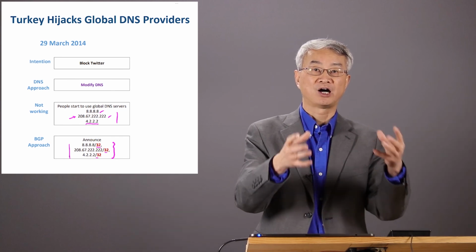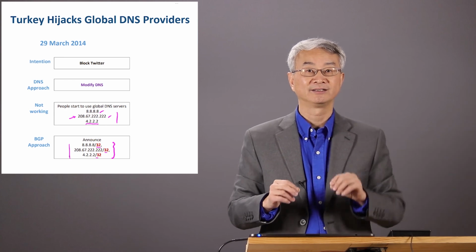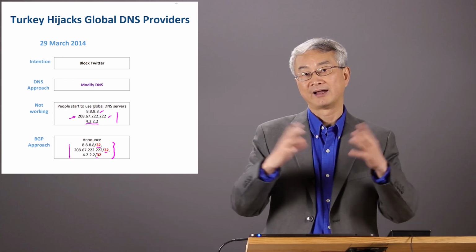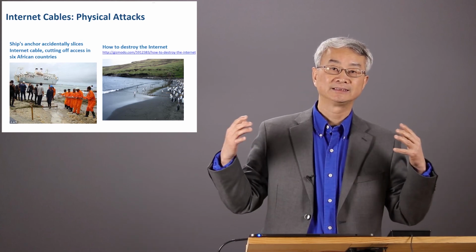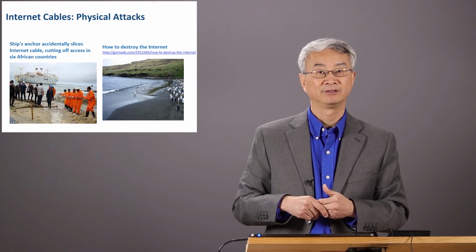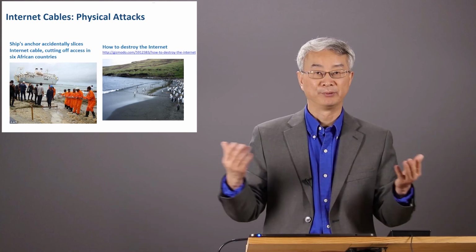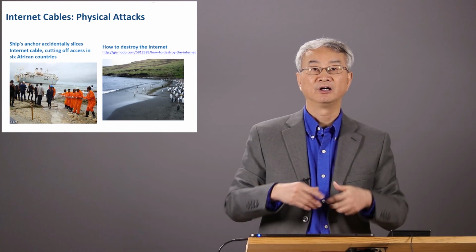And that's the root of the DNS query. So if you can hijack that, you bring down that one, you can also break down the internet. Other than this attack on BGP, there are many cases where the physical cables were broken. It could be human error, or a natural disaster, like an earthquake.